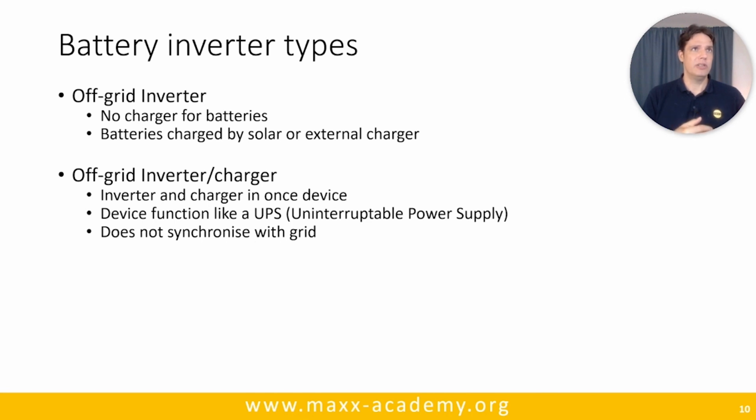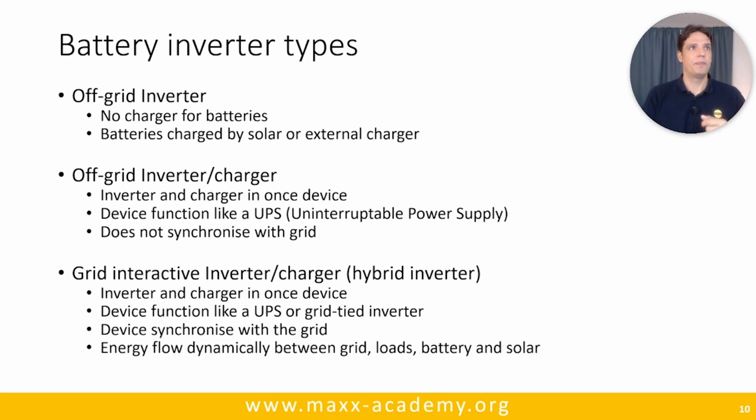With off-grid inverter chargers, the inverter and charger are included in one device. The device functions like a UPS or uninterruptible power supply. So it supplies power to the loads if there's no grid, and if there's a grid, it just lets the power of the grid directly through. It doesn't synchronize with the grid at all.